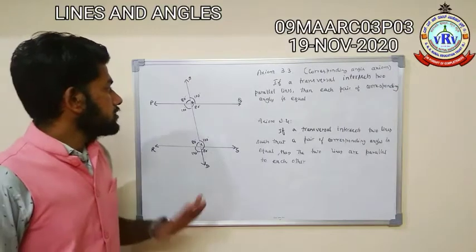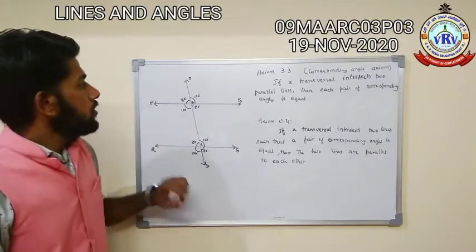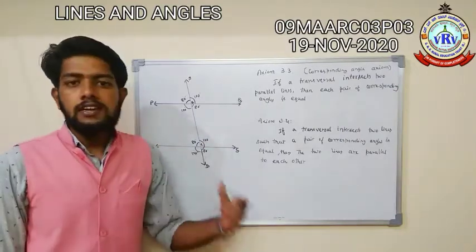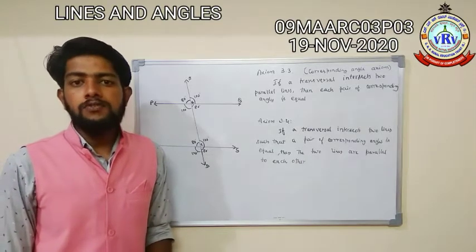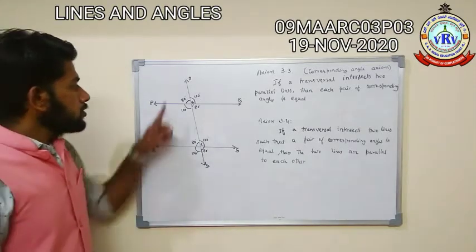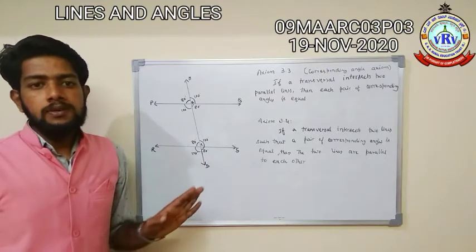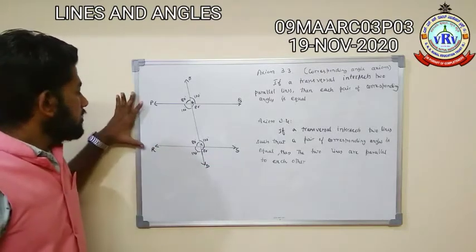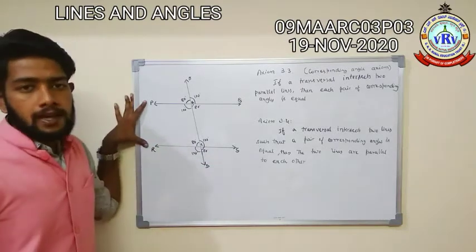In the next topic, we will see two axioms which are related to two parallel lines and one transversal. We know a transversal passes through two lines at distinct points. Consider these two are parallel lines.